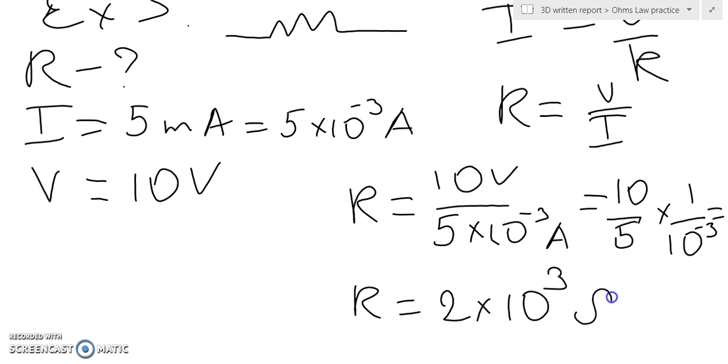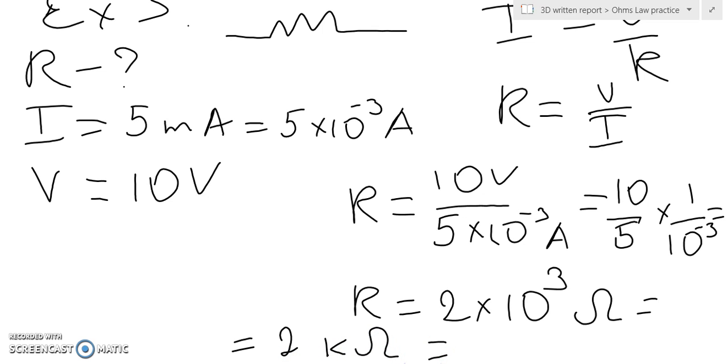And this is ohms. Of course, I cannot put this answer into the computer, even though it's an engineering notation. I need to put it in SI notation. So when I do that, I'm going to end up with 2 kilo ohms.